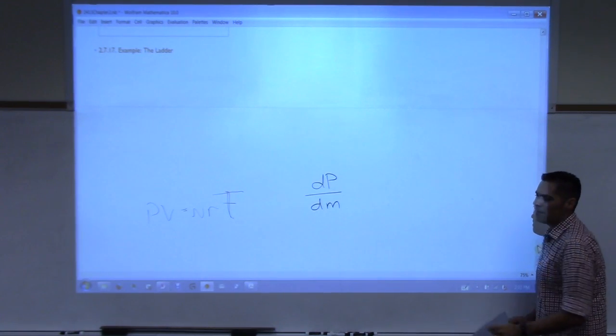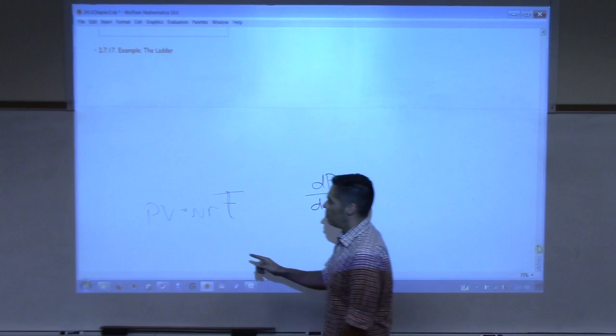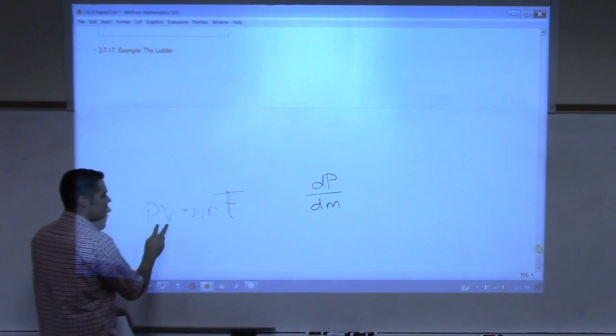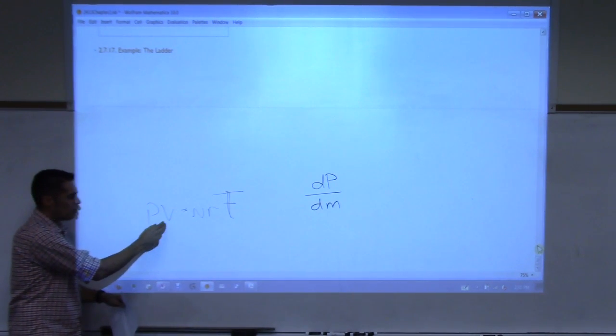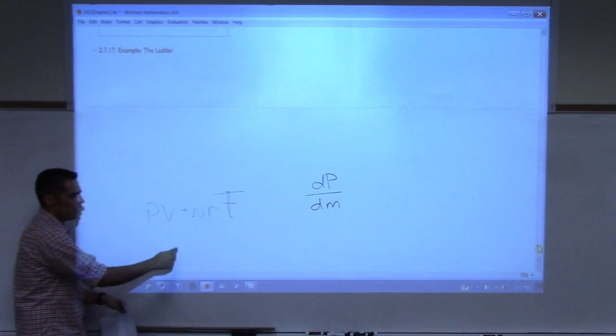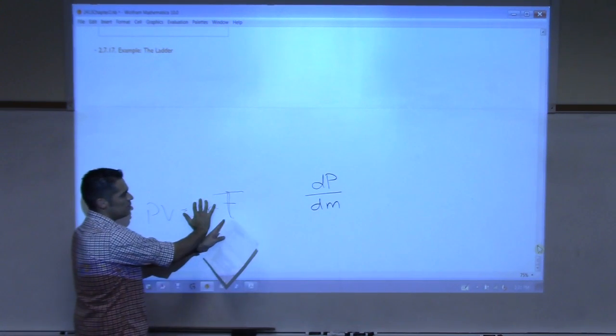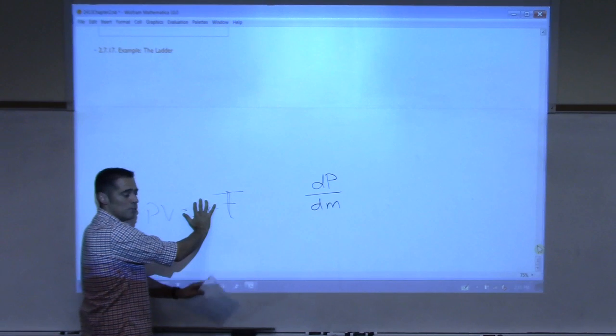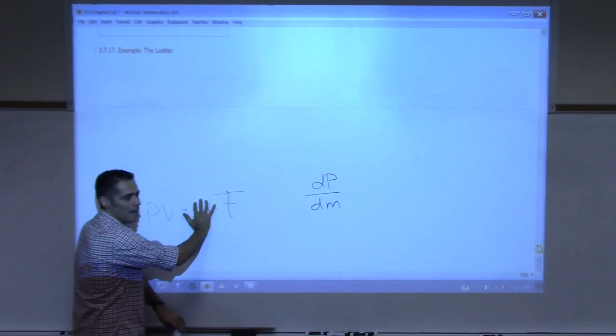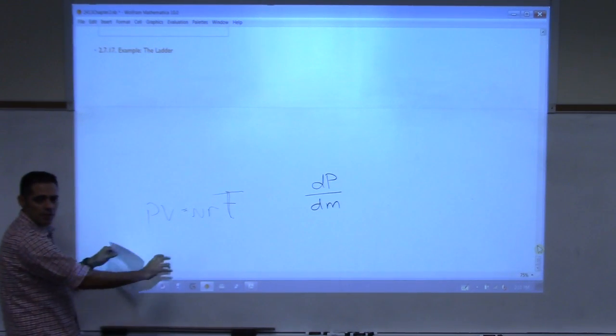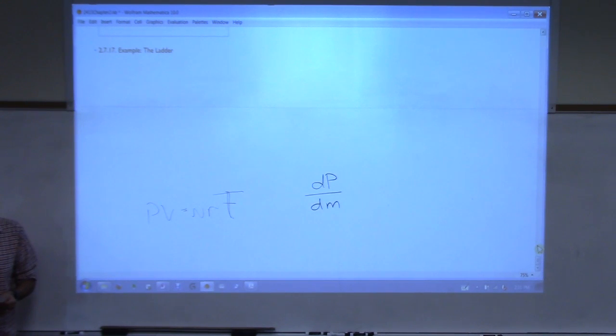You would have to treat everything as if it depends on m. So when you take the derivative of P times V, you'd have to do what? Product rule. And then over here, nR is a constant. The derivative of capital T with respect to m would be dT/dm. But you'd have to do product rule over here. So I asked them to do something like that also.